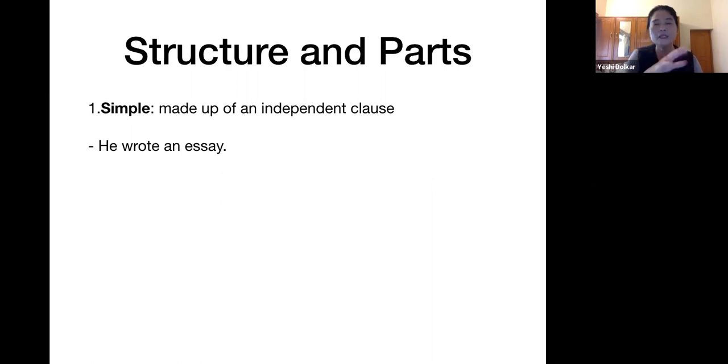The meaning is complete there. He wrote an essay. Complete sentence there. So it's called an independent clause. Independent means the meaning does not depend upon another clause. It has its own meaning on its own. It independently makes a meaning there. So that's why it's called an independent clause. He wrote an essay.